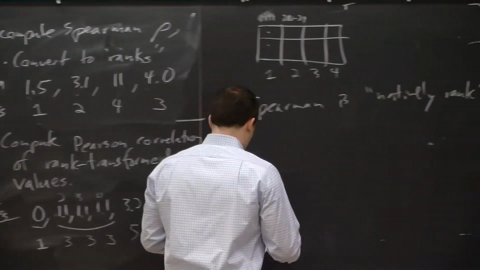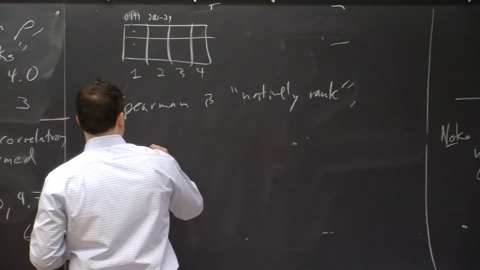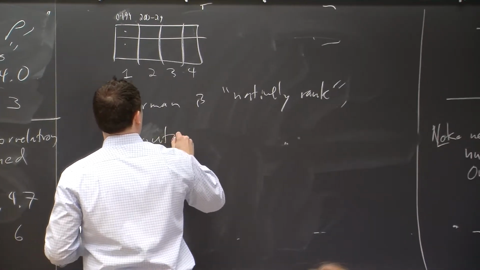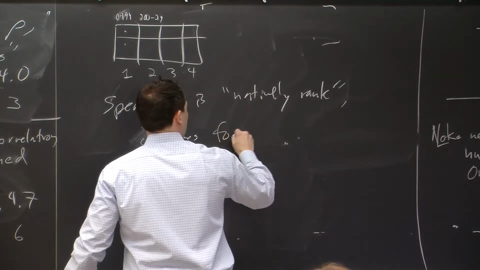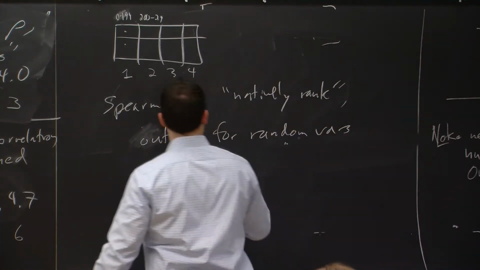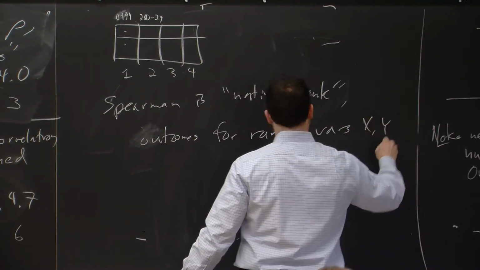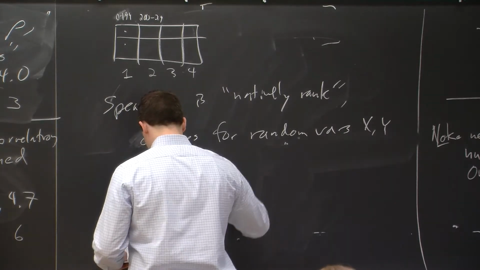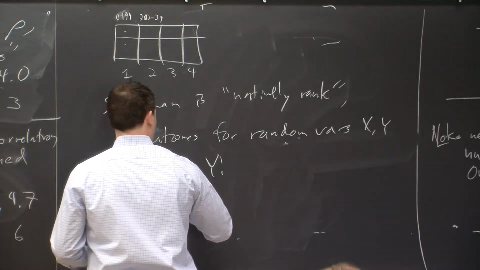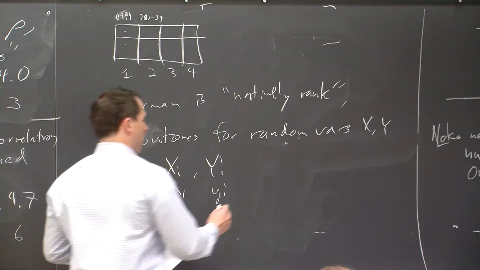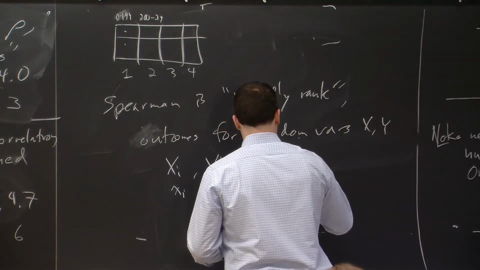So it has a simplified formula. If I think about outcomes, I have two random variables, and I have outcome xi and outcome yi. I assign to them a rank xi and yi, and I could compute a difference of ranks.